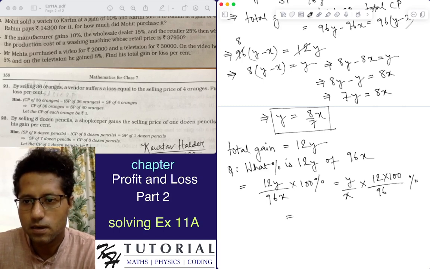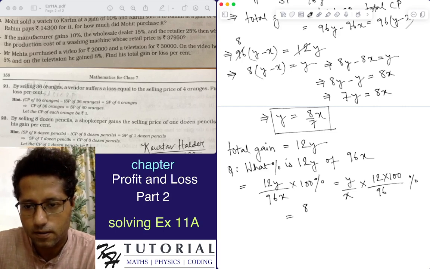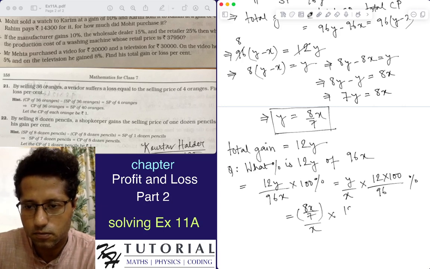Now y we know is equal to 8x by 7, so we have 8x by 7 divided by x multiplied by 12 into 100 divided by 96.